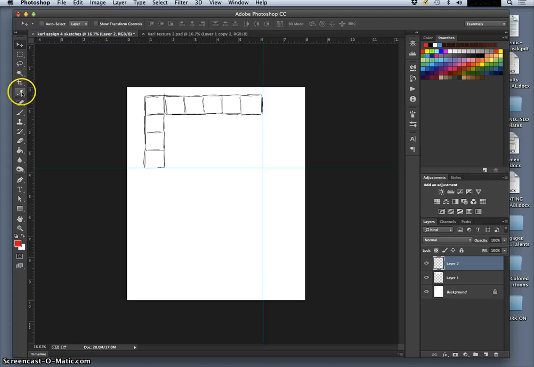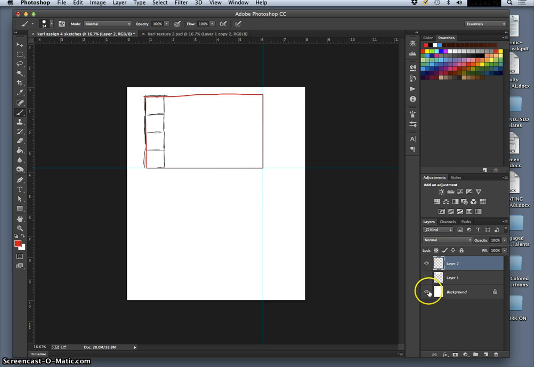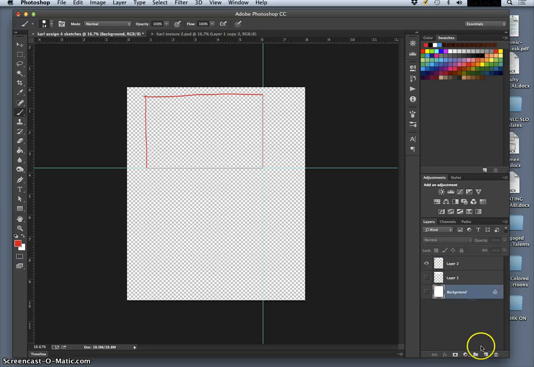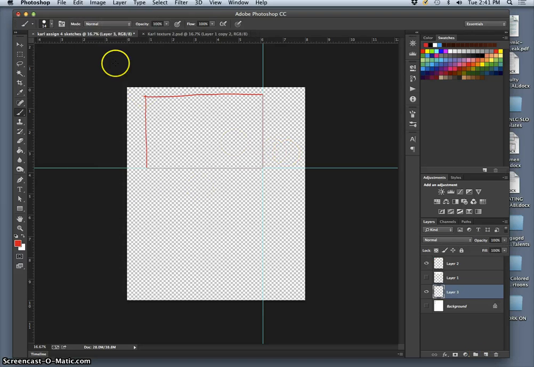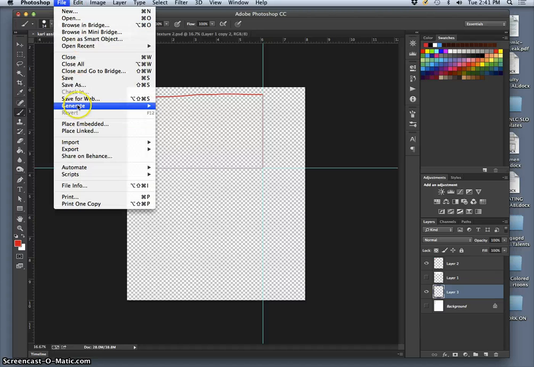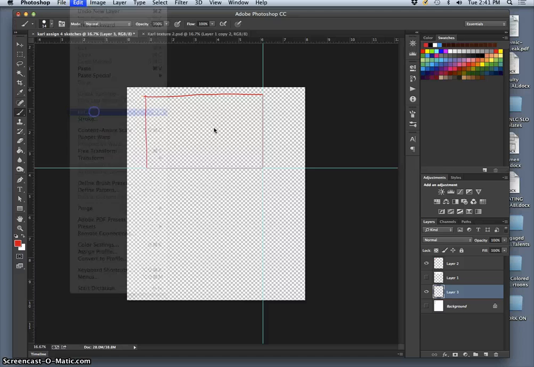All right, so I know that my camera is roughly this size. So that's my frame. And you can be pretty sketchy, but you do want to try to get that size right.